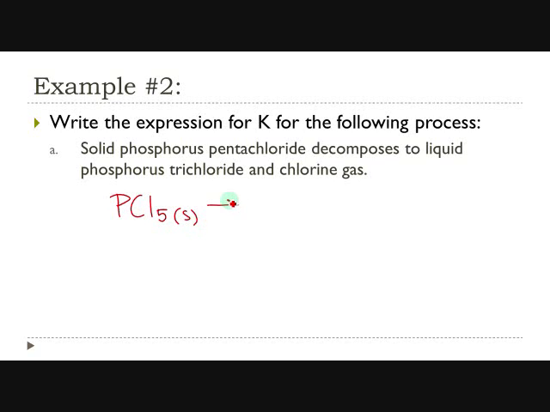And we're going to say that it's equilibrium, so we'll use the equilibrium arrow. So we show that forward and backwards reaction. And that will change to phosphorus trichloride, tri stands for 3, liquid, and chlorine gas. So Cl2. And it's already balanced, right?